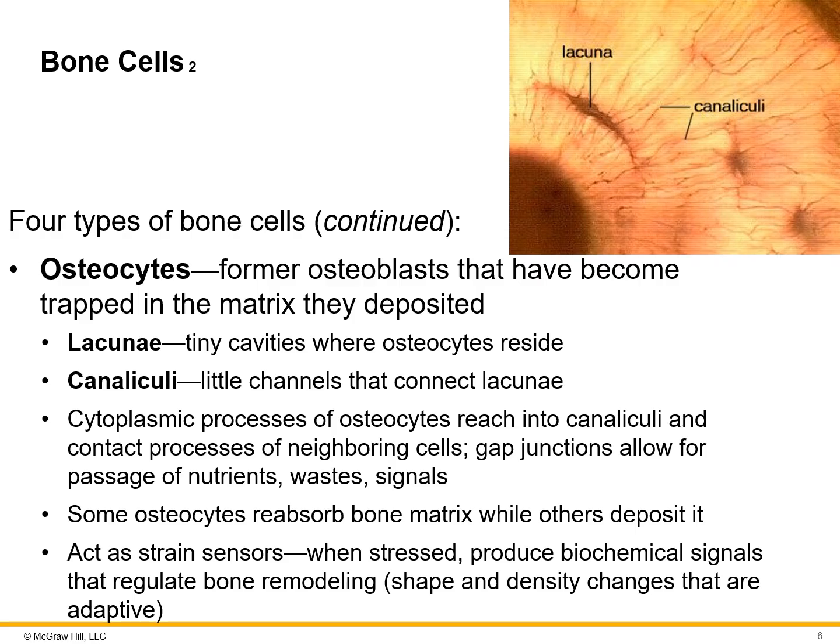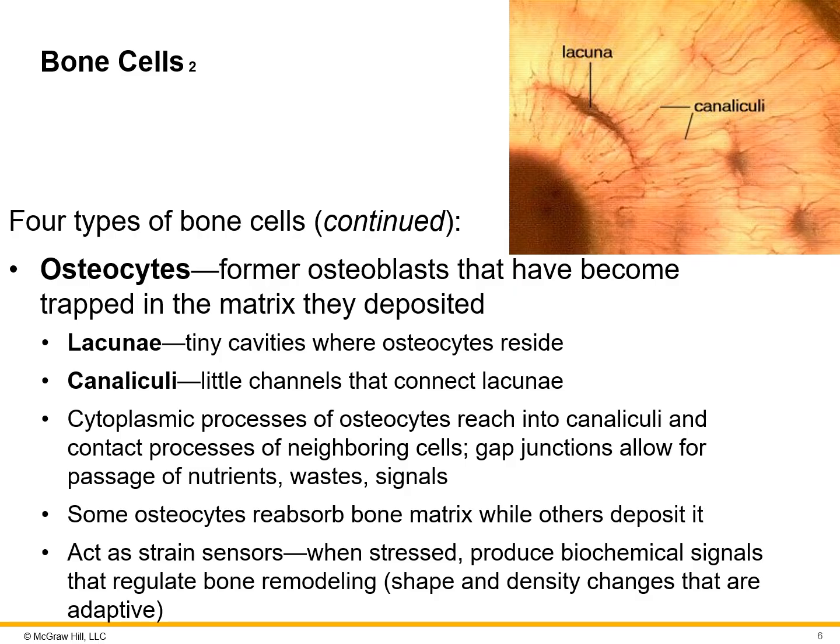Osteocytes are former osteoblasts that have become embedded in the matrix that they have deposited. They number about 90 to 95% of the bone cells, and they live for decades within that bone tissue.